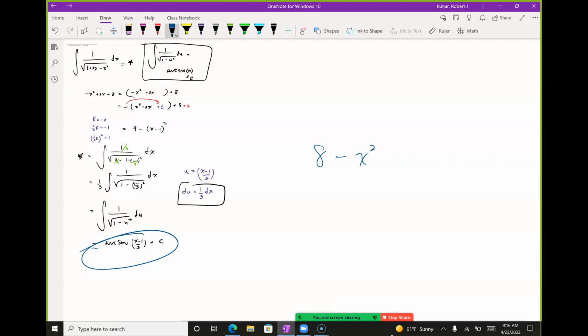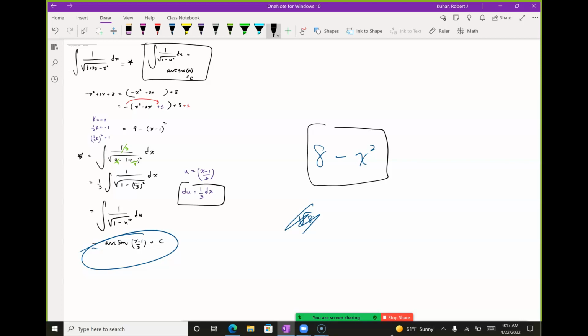So if I didn't have the 2x, I can still complete the square here, right? This is the square root of 8. I lost my concentration here. I'm sorry. I can still complete it. This is really easy to complete the square.